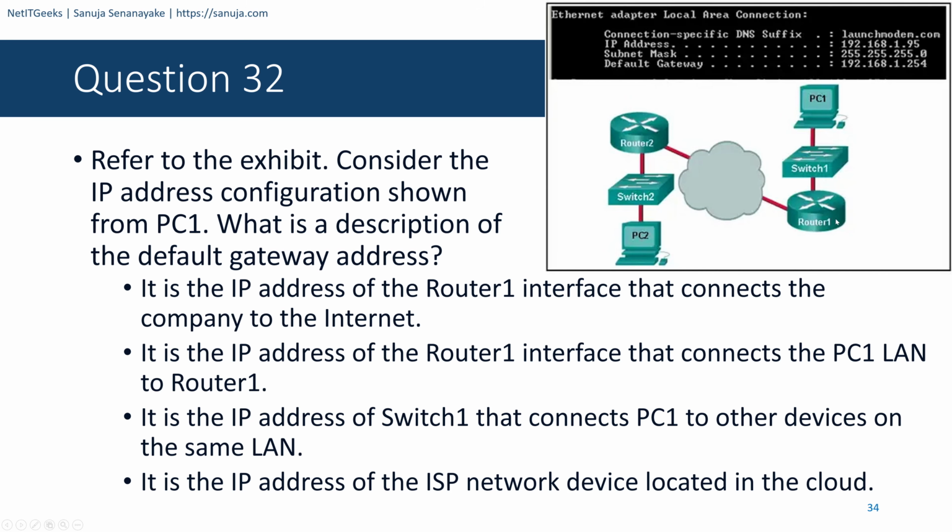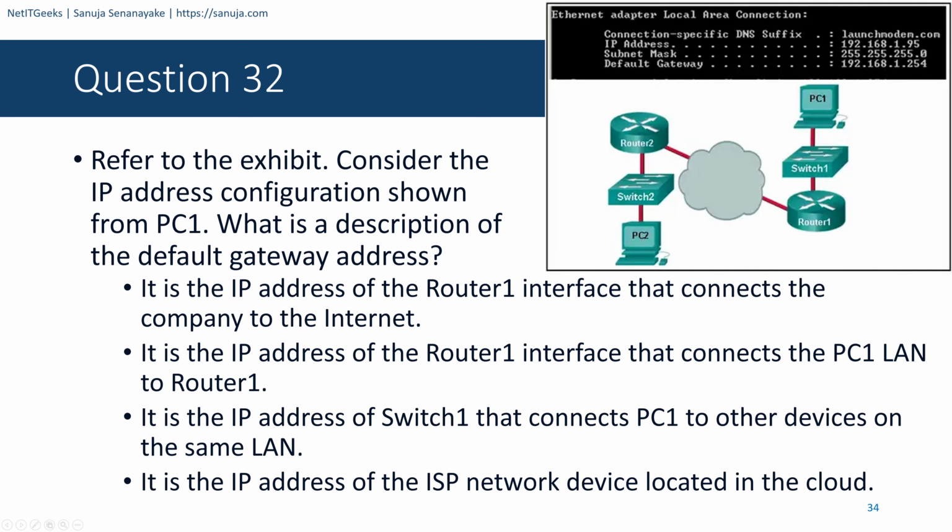In other words, it is the interface of this one right here. It is the IP address of the router 1 interface that connects the PC1 LAN to router 1. It is the IP address of the switch 1 that connects PC1 to the devices on the same LAN. It is the IP address of the ISP network device located in the cloud.